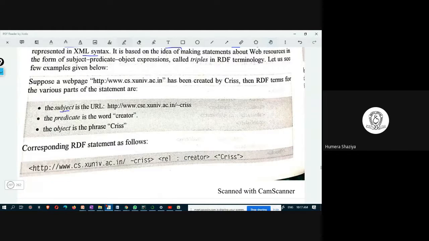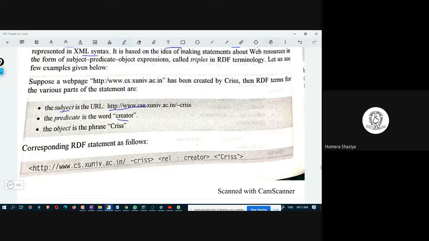Example, the subject is this URL, which is http colon slash slash www.csc.xuniv.ac.in slash distilled Chris. What is the predicate? The word the creator. And what is the object?